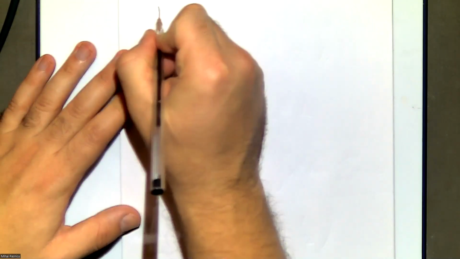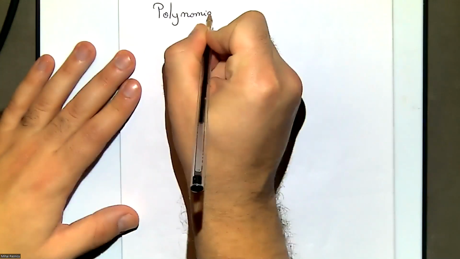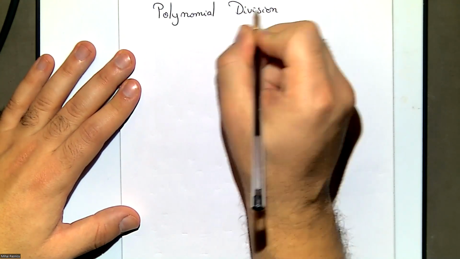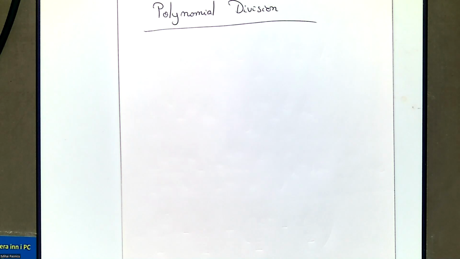So the idea is, let's do polynomial division. I'm just going to use your knowledge on how you learned the first time to divide things. First of all, I'm going to define this because I think you actually get some problems along the way in which you're never told what a polynomial is.